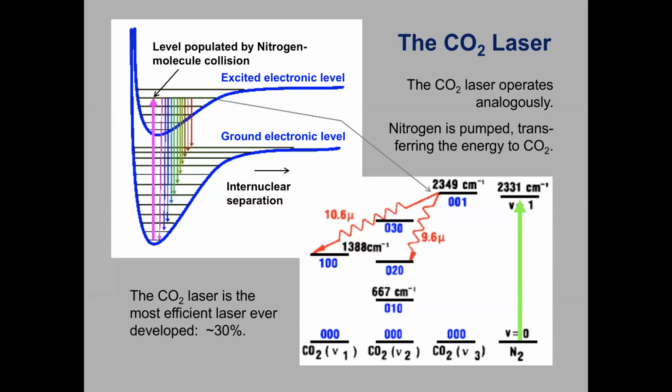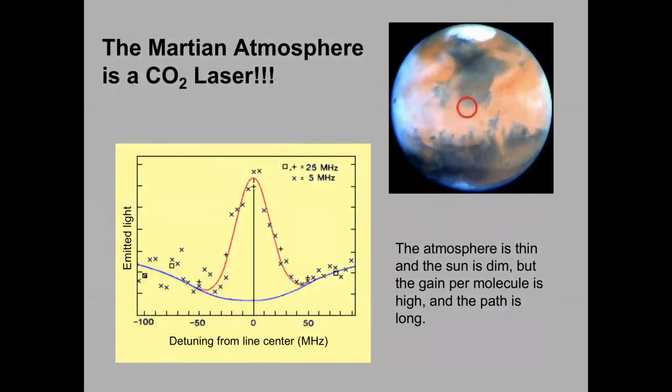CO2 lasers are also one of the lasers that we know to exist in nature without having to engineer it. In particular, the atmosphere of Mars has been shown to effectively act like a laser, which is really, really strange. The way we know this is that we can look at emitted light from the surface of Mars, and what we see is a very clear and well-defined peak at a very narrow frequency.